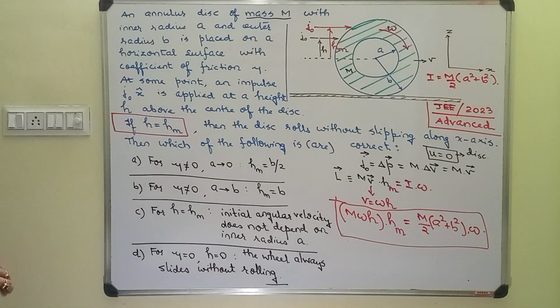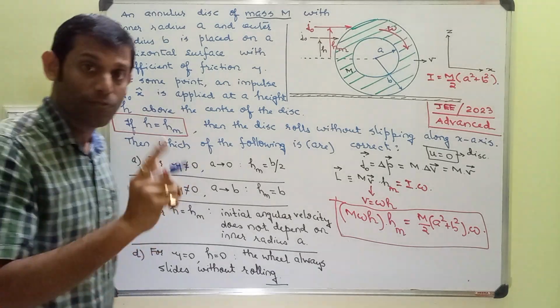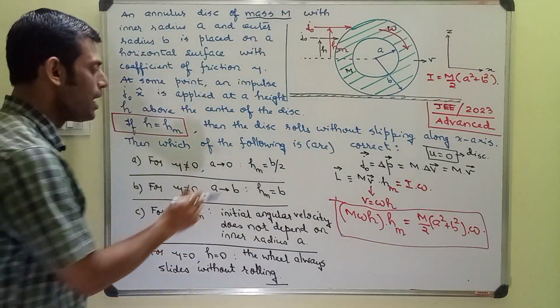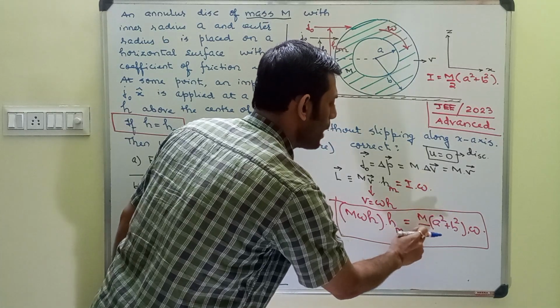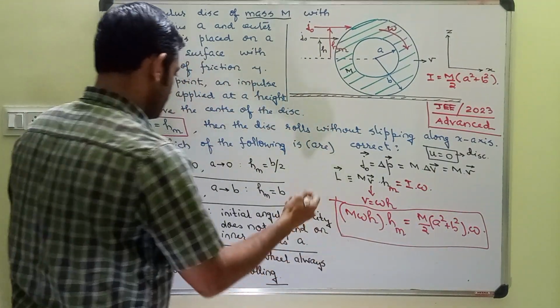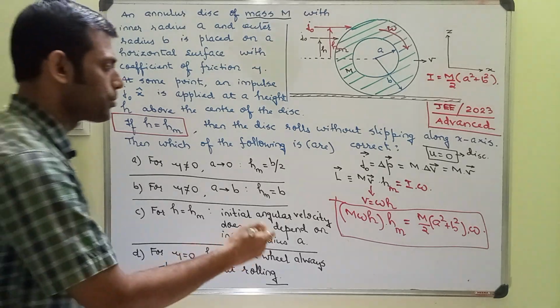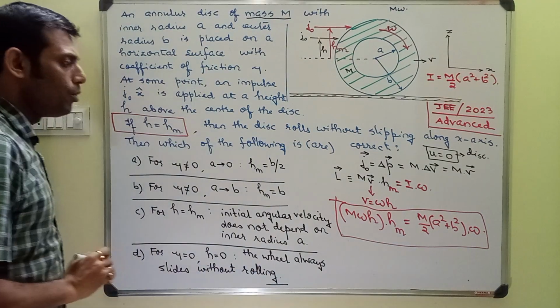Now, let us go to this question and start solving the options one by one. If mu is not equal to 0, that means if there is friction, it is definitely going to have a rolling motion, pure rolling motion. Now, if a tends to 0, this becomes m by 2 b square. So for option A, we will write that m omega into h.